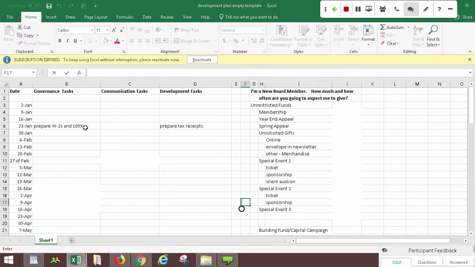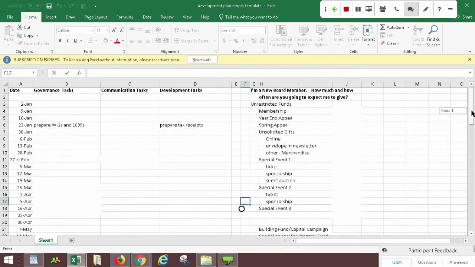At the same time, your administrative team, not the executive director himself or herself, but certainly the other people in the C-suite, are going to be doing administrative tasks in terms of preparing your staff members' W-2s, their income tax statements, and your contractors' 1099s, which are their equivalents of tax statements.